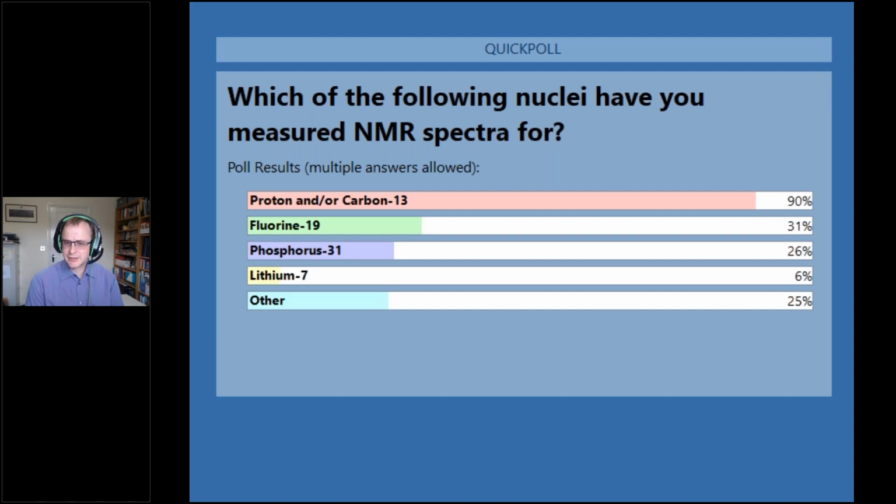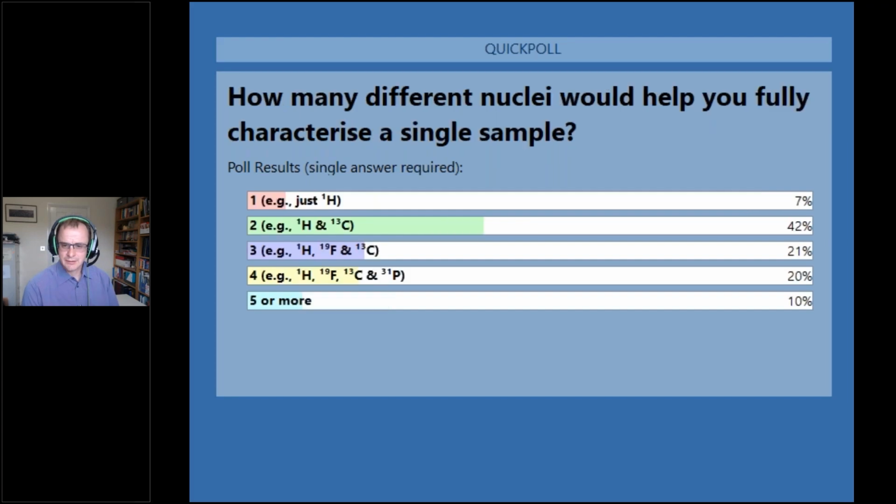Great. And Chris, the answers to the other poll, please. Okay, so how many nuclei would people like to measure? Predominantly some combination of 2 nuclei, but a good number of people again wanting to be a bit more flexible, have 3, 4, or even 5. Again, is that as you might expect, Robin? I think that again is pretty much as we'd expect.